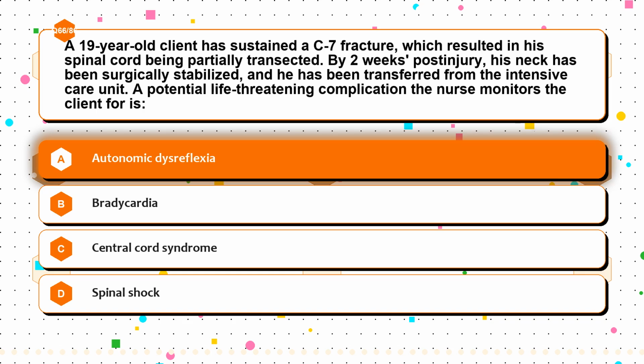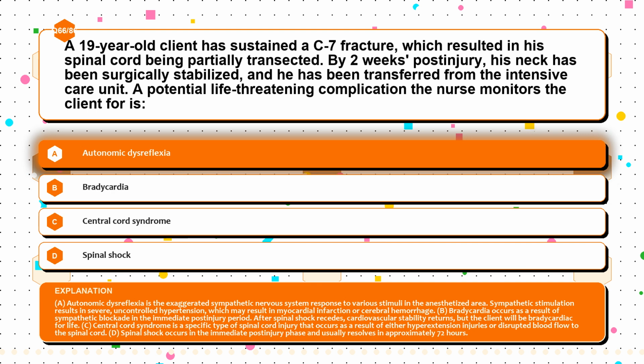The correct answer is option A: autonomic dysreflexia. Autonomic dysreflexia is the exaggerated sympathetic nervous system response to various stimuli in the anesthetized area. Sympathetic stimulation results in severe uncontrolled hypertension, which may result in myocardial infarction or cerebral hemorrhage. B. Bradycardia occurs as a result of sympathetic blockade in the immediate post-injury period.